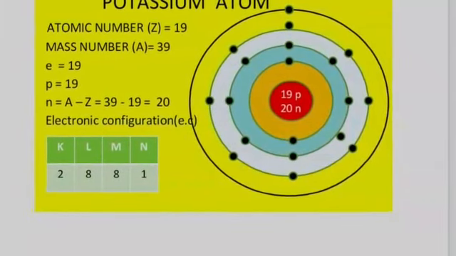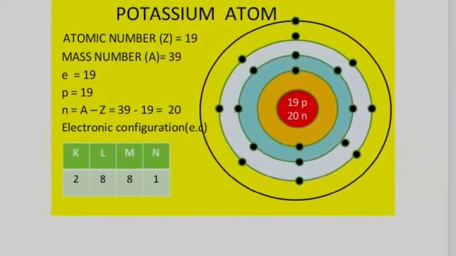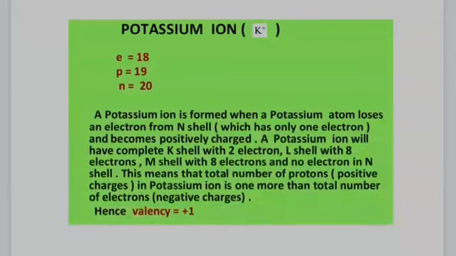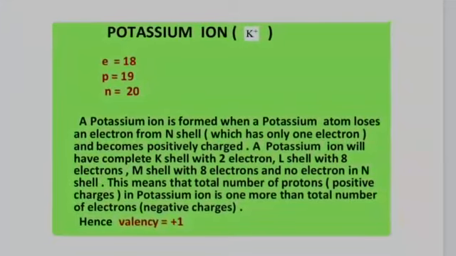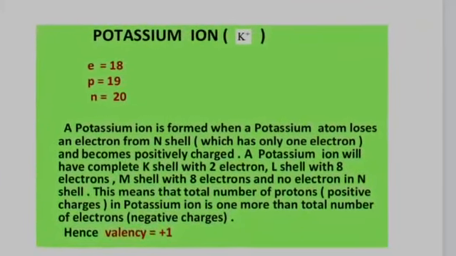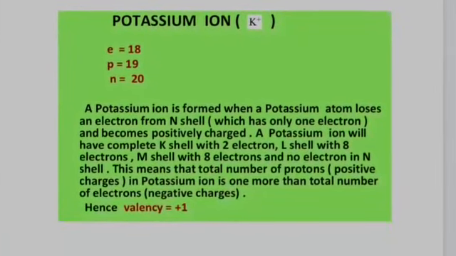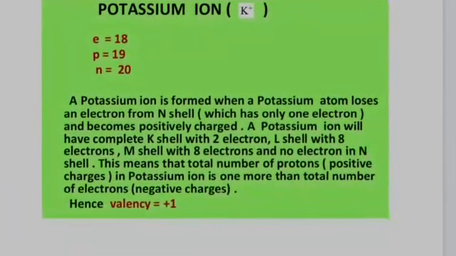Potassium atom, atomic number 19, electronic configuration 2 8 8 1. That is only one electron in the N shell. It easily loses that one electron in the N shell to form potassium ion. Potassium ion has now complete K shell, complete L shell and complete M shell.